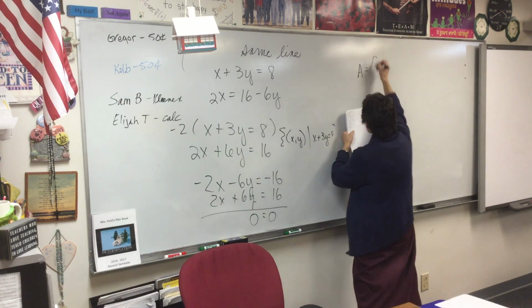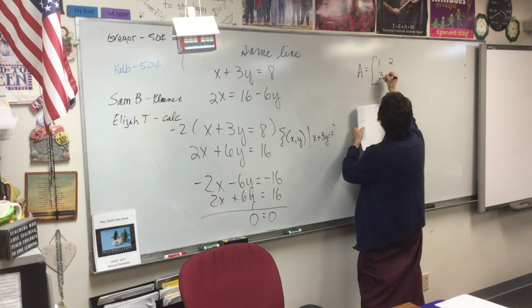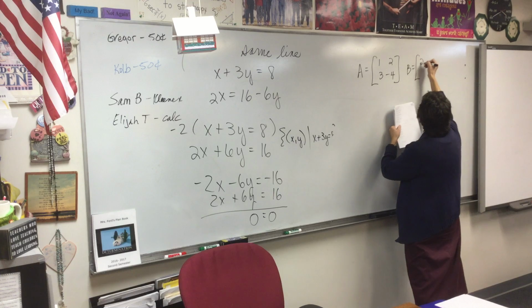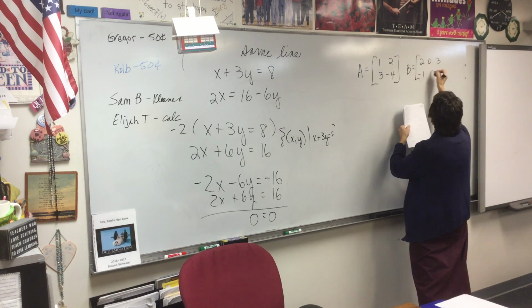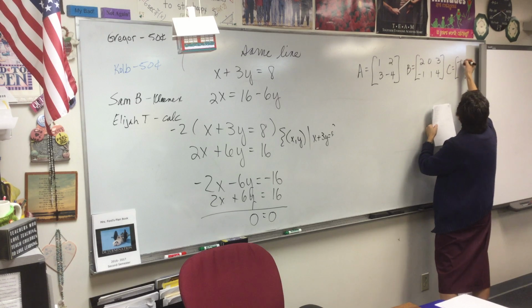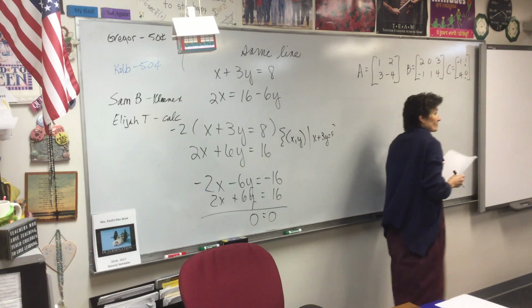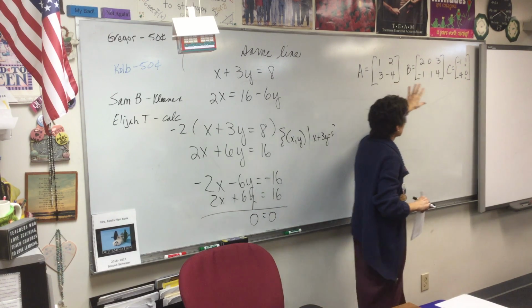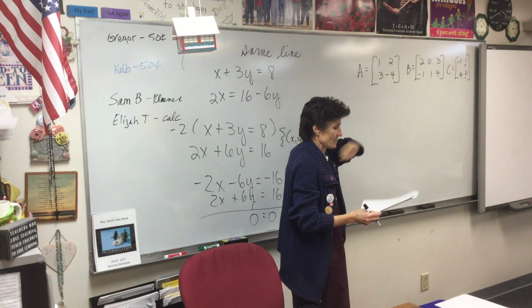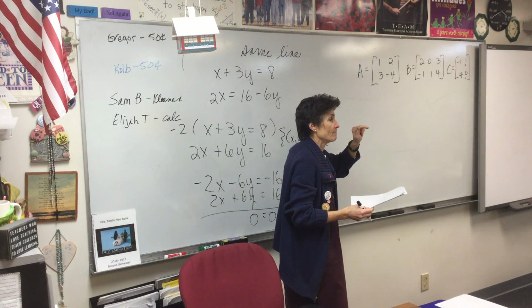So A is defined like this, B like this, and C like this. These are matrices. This is a matrix, this is a matrix, that's a matrix. You have 3 examples here in problem number 1.